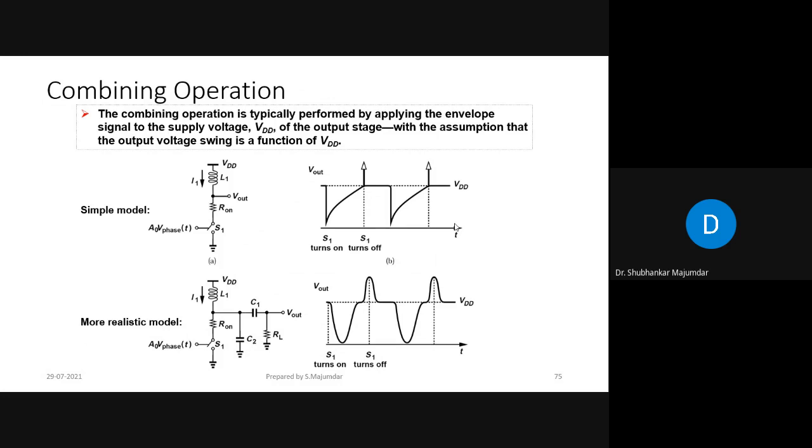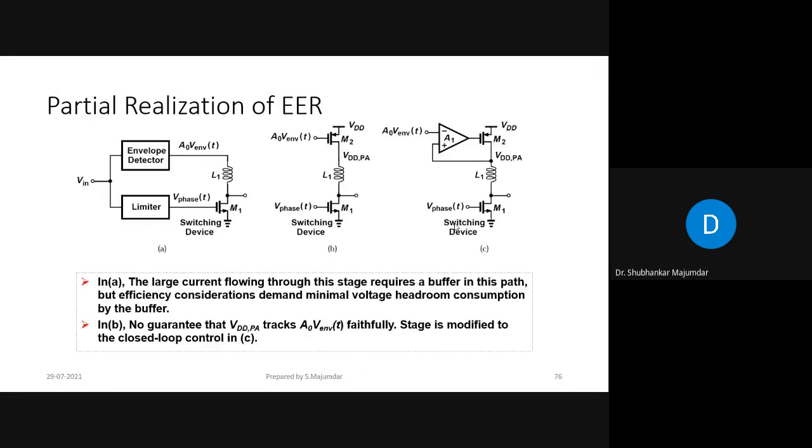Then the combining operation is typically performed by applying the envelope signal to the supply voltage of the output stage, with the assumption that the output voltage swing is a function of Vdd. Then, more realistically, it will be a partial realization of EER.